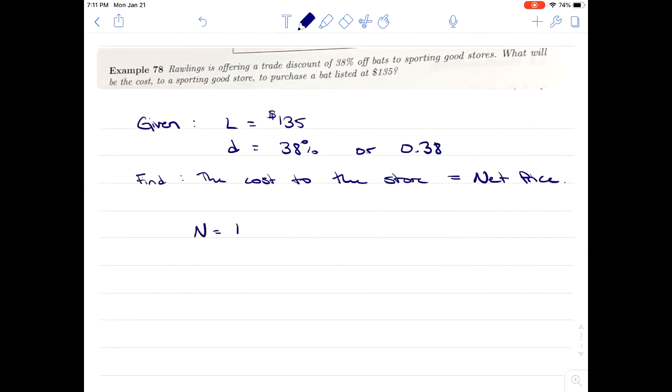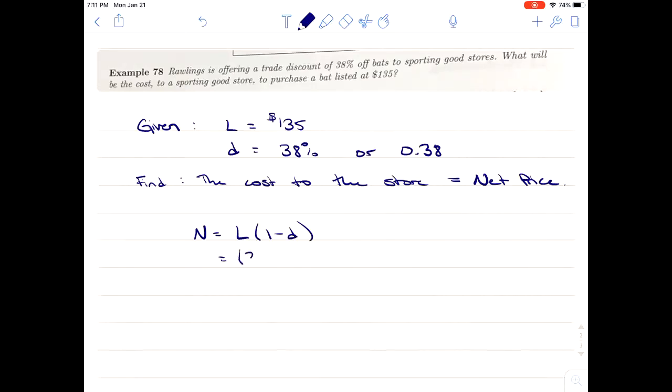From our formula sheet, we know that N is L times 1 minus D. So we want to find N. N is L, so 135 times 1 minus 0.38.